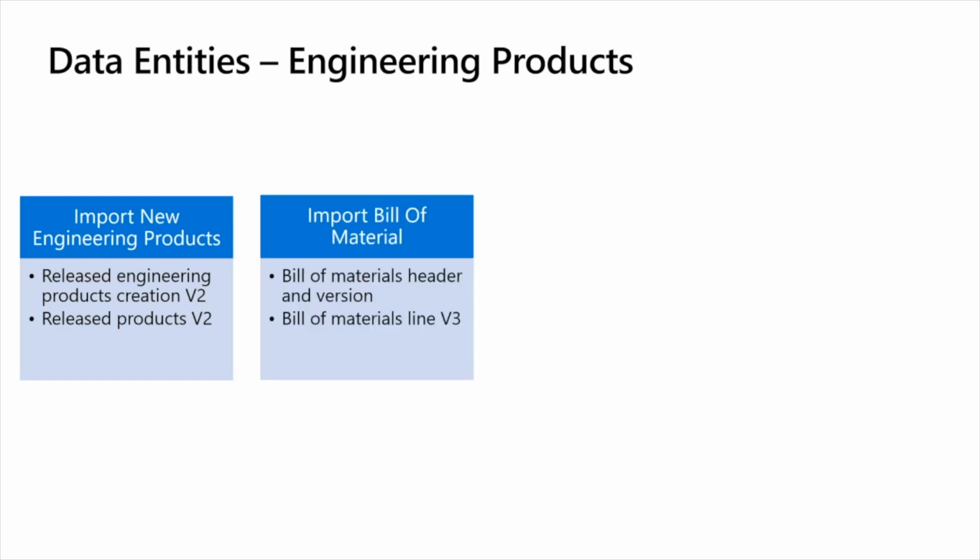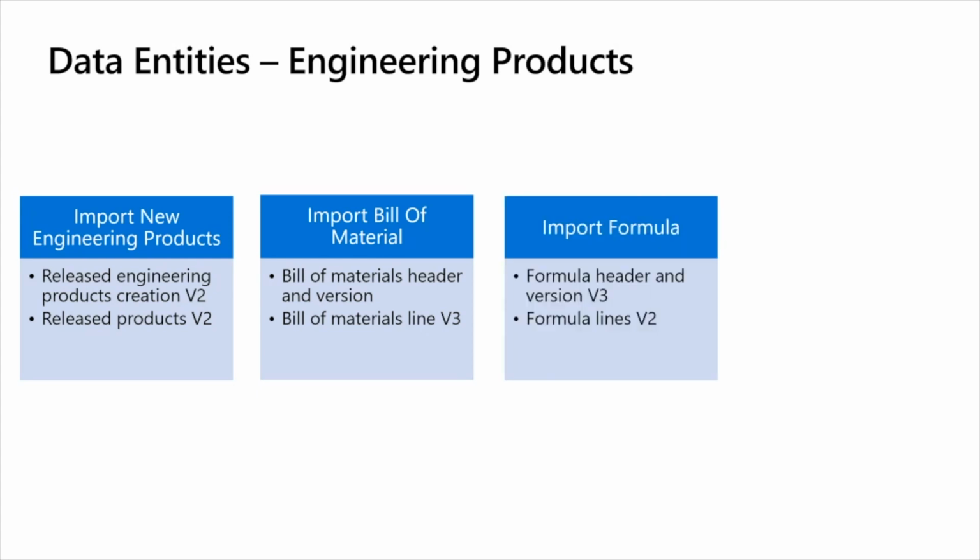To import BOM, you will use the bill of materials headers and version and bill of materials line v3 entity. As I mentioned in the previous slide, when you want to import BOM, the BOM needs to be associated with the engineering product version. So make sure in your bill of materials header and version template, you specify the correct engineering version with which you want to associate your BOM.